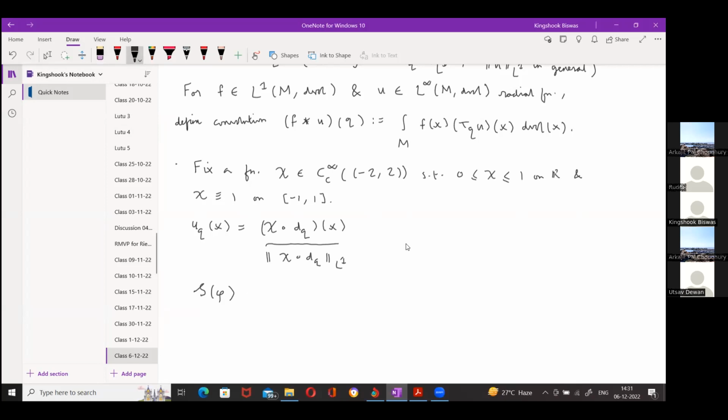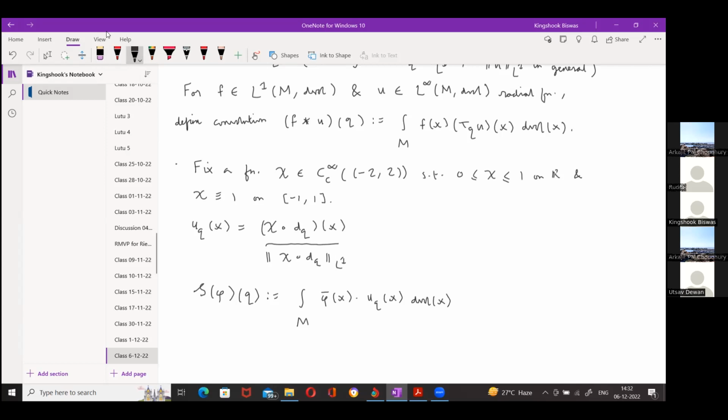S phi of q is defined to be the integral over M of phi bar of x times u_q of x d vol x.